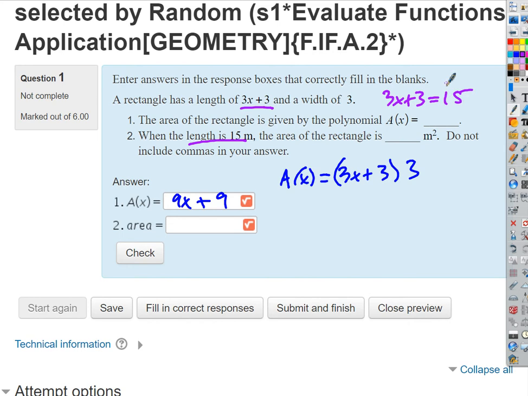So I get 3x equals 12, so x equals 4, right? So that's the value of x that I need to plug into my function. And if I plug 4 in, what would I get? 36 plus 9, so 45? Okay, makes sense? Okay, and then, what about the last one?